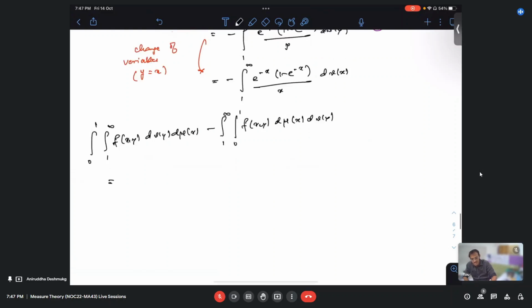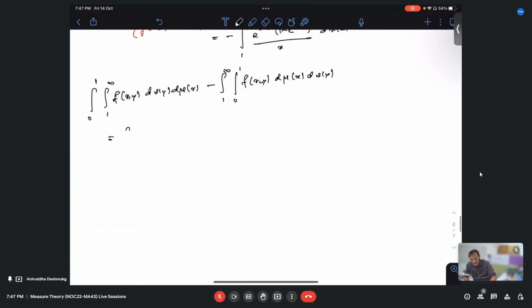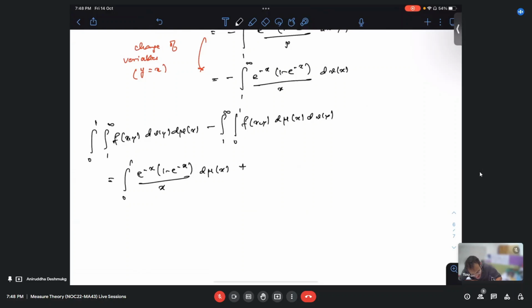So from equation 3, we have integral 0 to 1 e to the power minus x, 1 minus e to the power minus x upon x d mu x, minus minus plus integral 1 to infinity e to the power minus x, 1 minus e to the power minus x upon x d nu x.